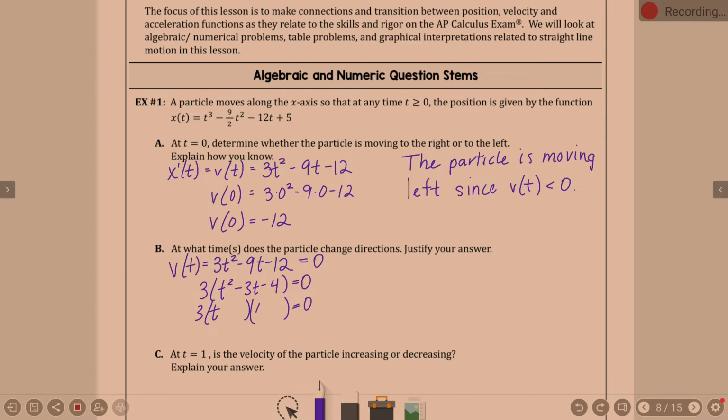T squared is t times t. Multiplying to be 4 in this scenario is going to be 1 and 4, minus 4 plus 1. So if I solve that equation, what does t equal? T equals 4 and t equals negative 1.